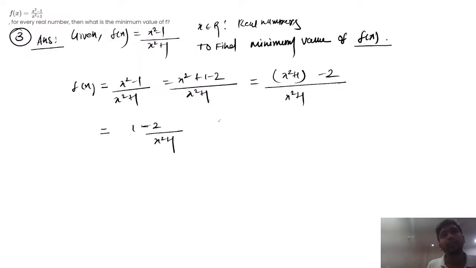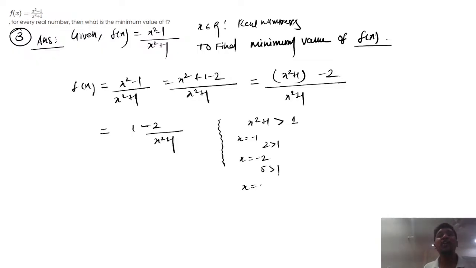Now see the main part. x square plus 1 will always be greater than or equal to 1 for any value of x. Suppose x equal to 1, take anything. You can take negative also, minus 1. Then what does this become? 2, again greater than 1. x equal to minus 2, what does this become? 5, again greater than 1.